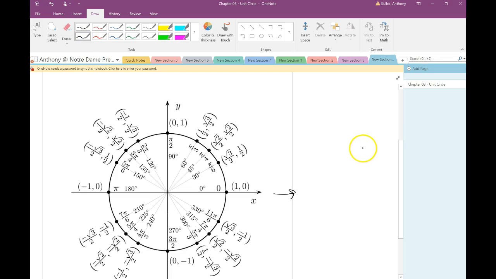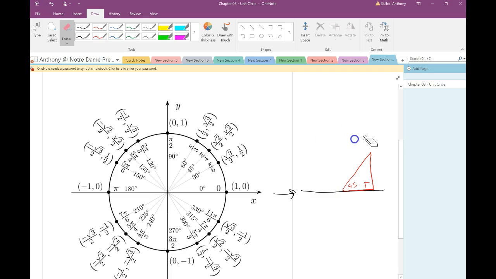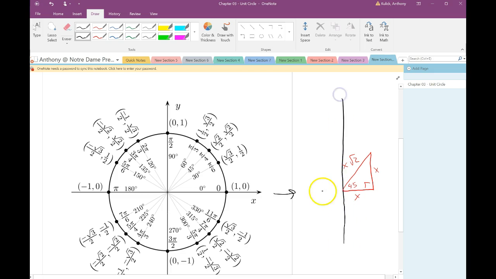Let me draw this differently for you guys to see where this all connects. So this is 45, 45, 90. If I ignore the unit circle part, we know that these are x, x, and x square root 2, correct? So now I embed an xy axis here and make my unit circle around here, where I fix this value now to 1.